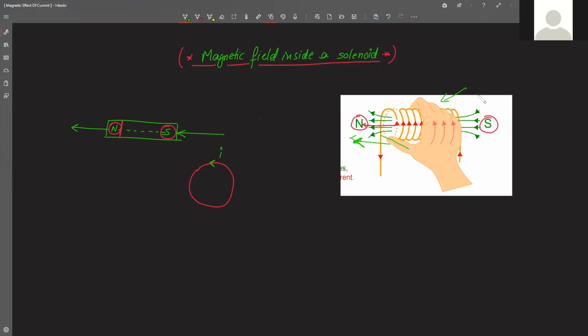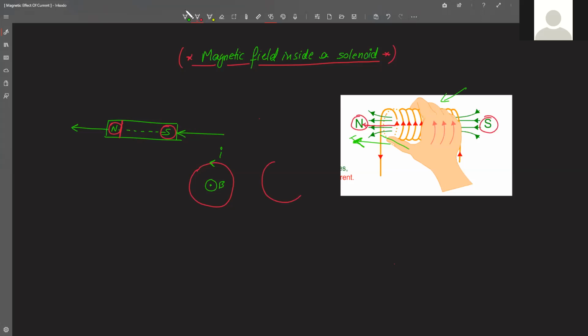It will be in a circular direction and the thumb will actually come towards you, right? So the thumb comes towards you. Let's show that direction as a dot. This is the direction of the magnetic field.